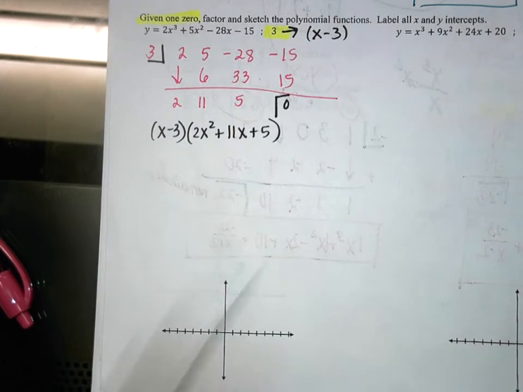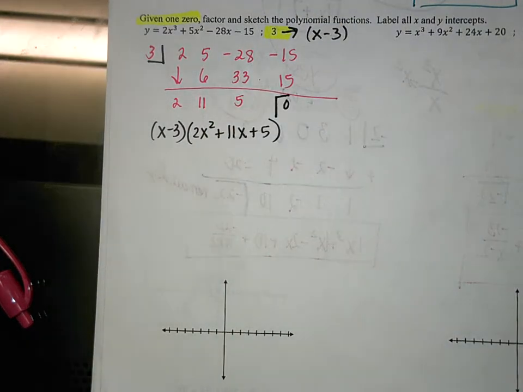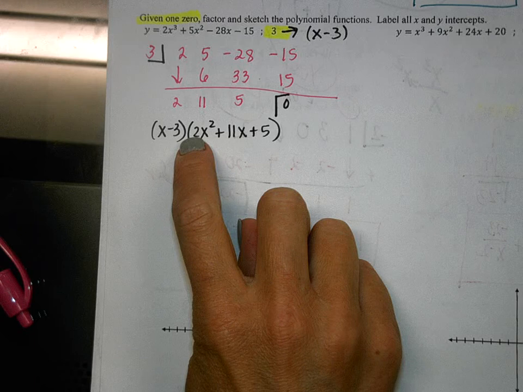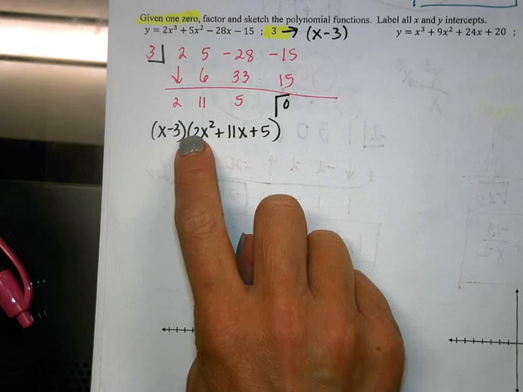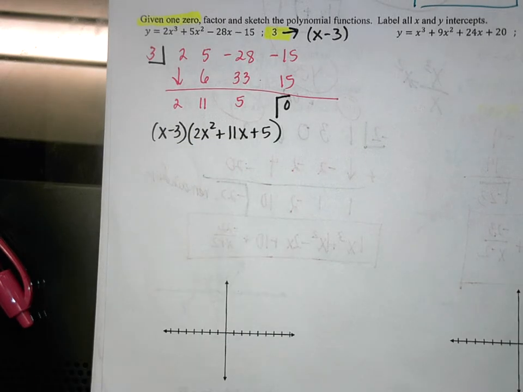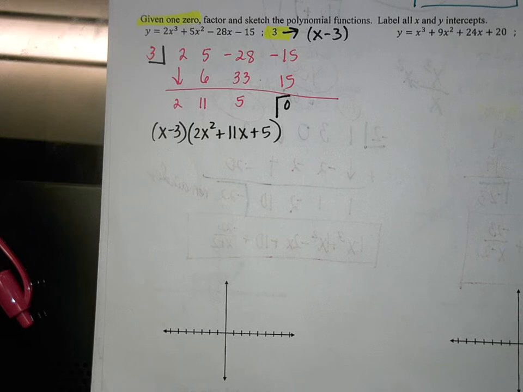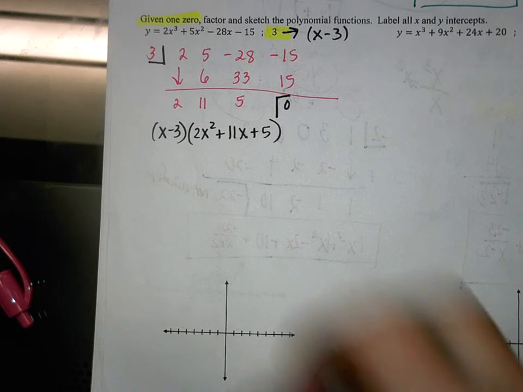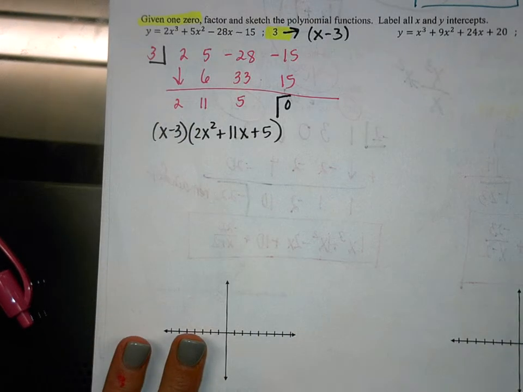Am I able to use my shortcut on this one? No, because there's a number in front. So we have to do the long way on this one, when you do the grouping. Not long division. Okay, so 2 times 5 is?